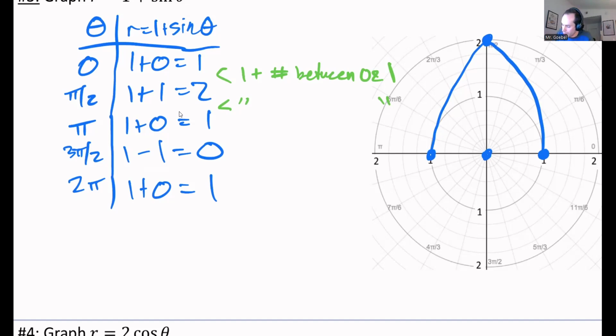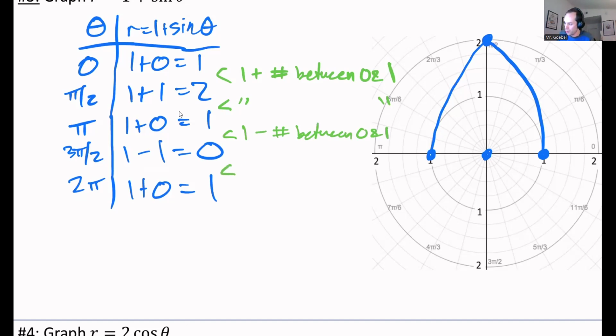Now, down here, R is basically going to be 1 minus a number between 0 and 1, right? Because now sine of a number between pi and 3 pi over 2 is going to give you a negative number. So we're going to be subtracting now.